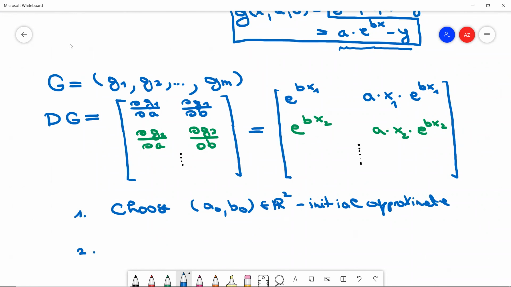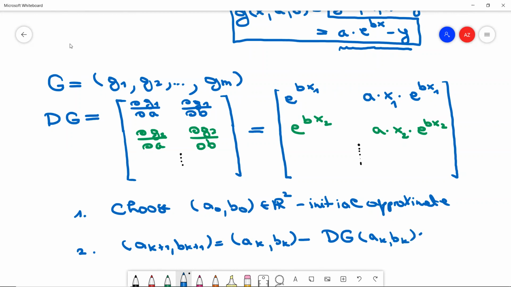And then I improve those approximations. So the k plus first approximation will be the kth approximation minus the Jacobian at the point a k, b k, times my function.